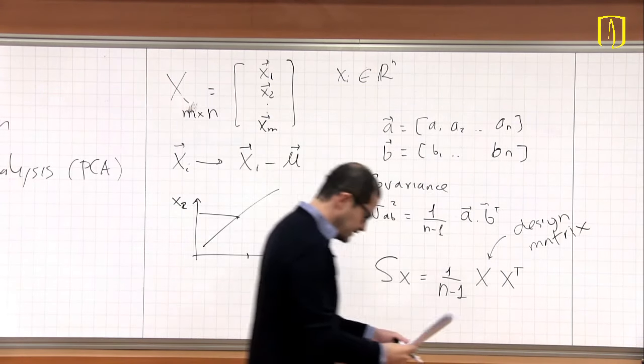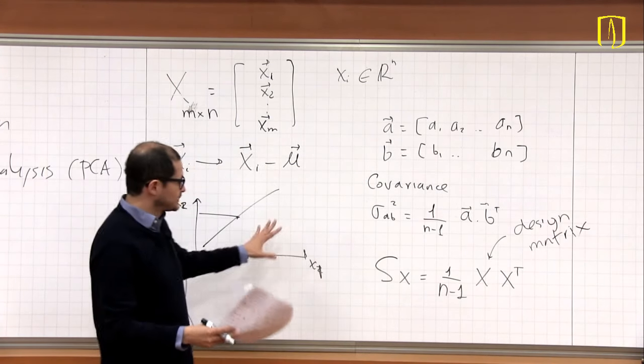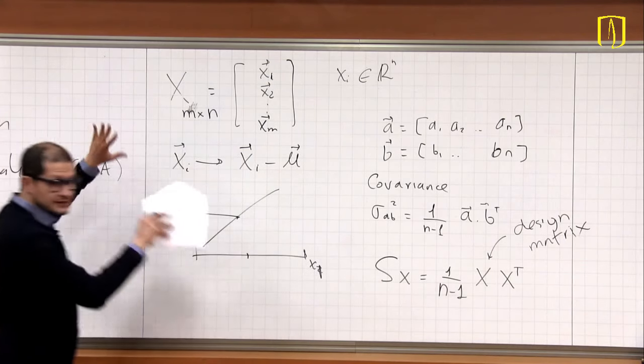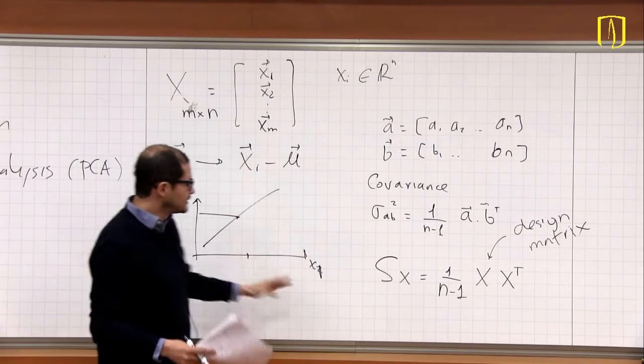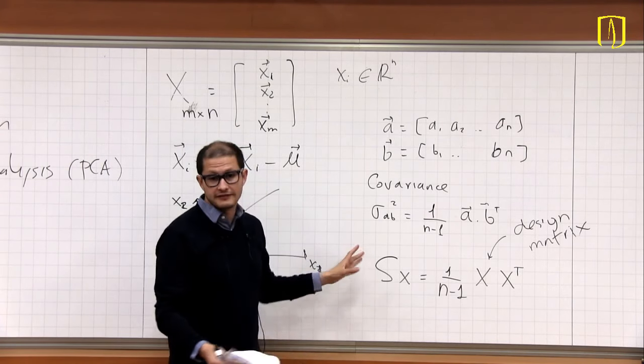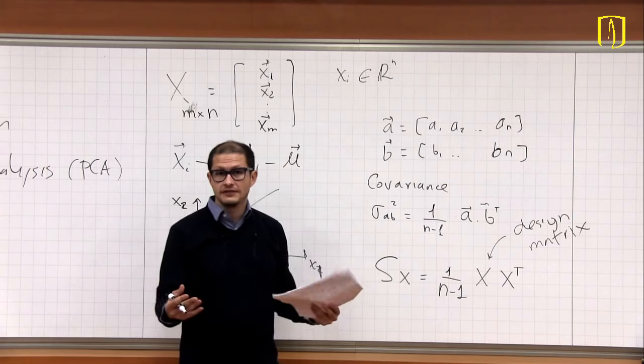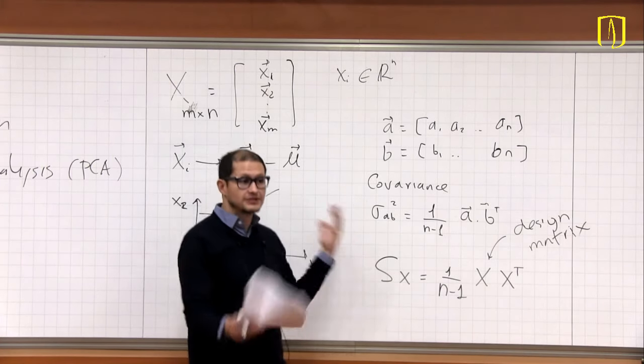So that's the basic idea: we have a big bunch of m vectors, we can construct this covariance matrix, and this matrix informs us about the correlations in the data.